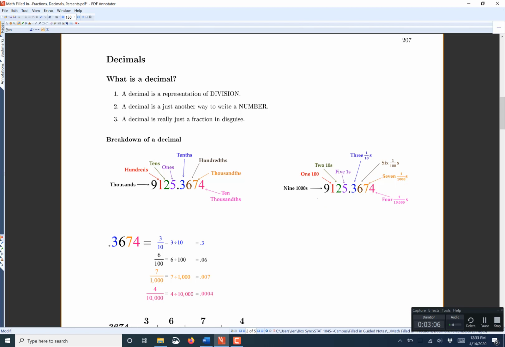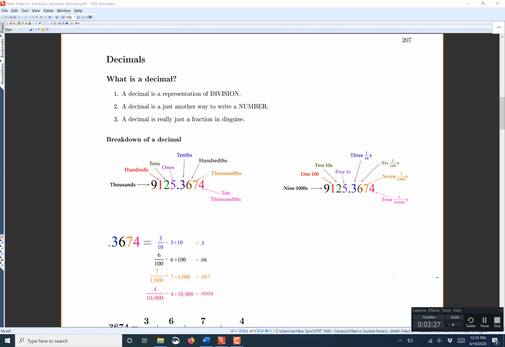So you could think of this number 9,125.3674 as being 9 thousands plus 1 hundred plus 2 tens plus 5 ones plus 3 tenths plus 6 hundredths plus 7 thousandths plus 4 ten-thousandths.